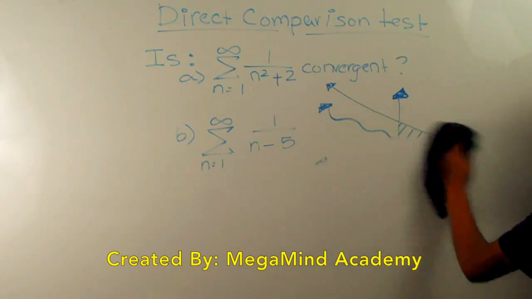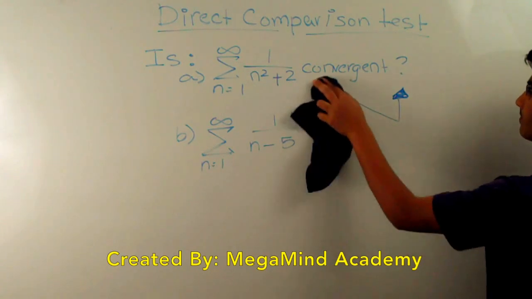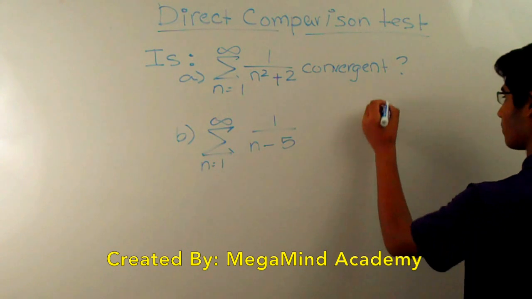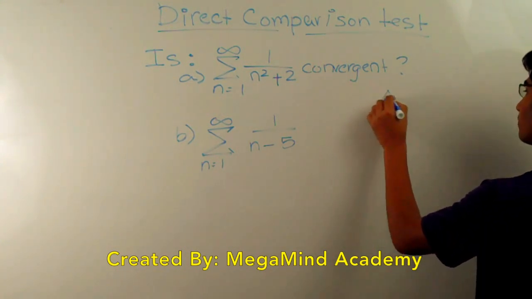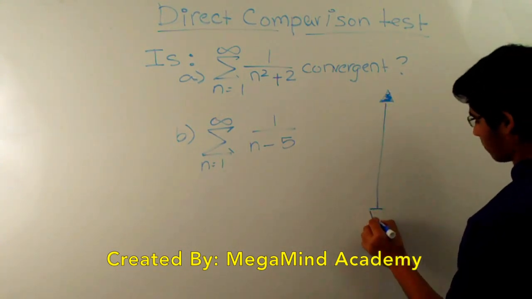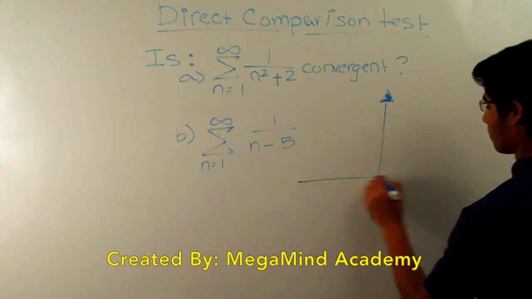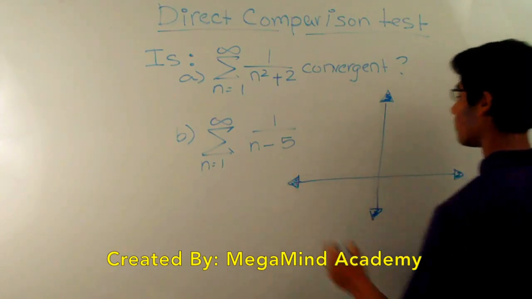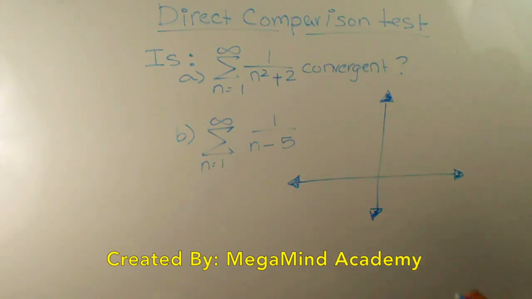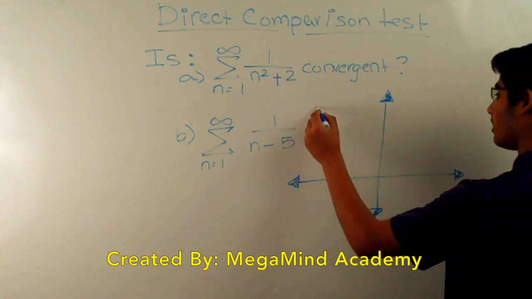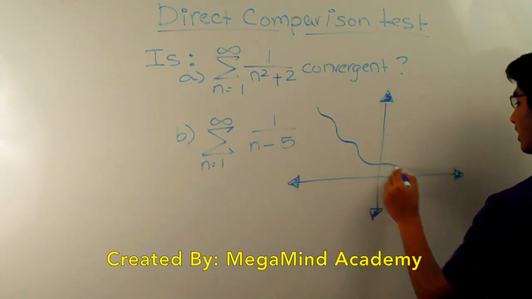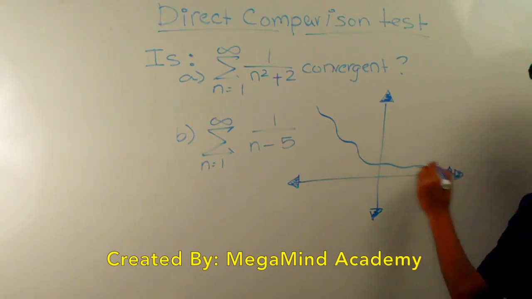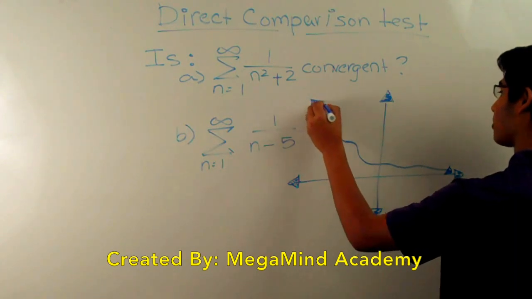So let's say once again we have these same two functions. So first, let's say we have this function again. And then let's say that we have once again that monotonically decreasing positive function that is greater than this function.